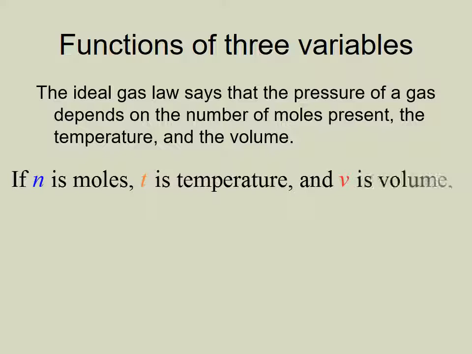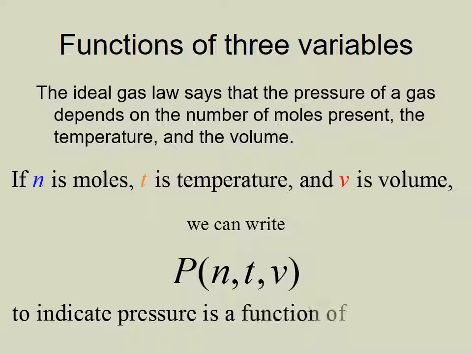Now, if we use these letters, these are the traditional letters used to represent moles, temperature, and volume. N for number of moles, we can write the P as a function of N, T, and V. So we have a function of three variables.